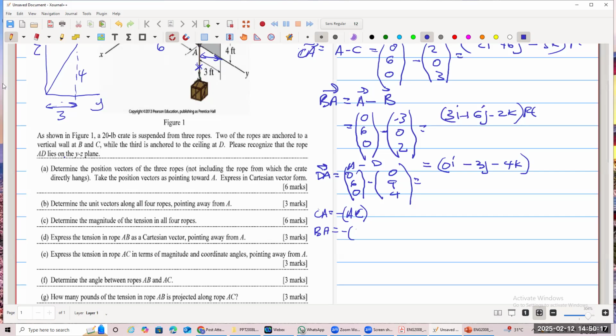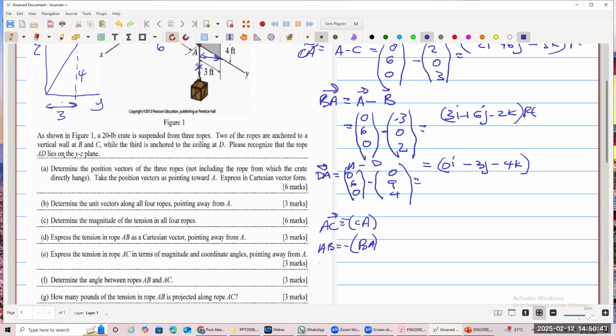Sorry, I think I wrote that wrong. Let me rewrite it. So you want AC. AC is minus times CA. Similarly, you want AB, which is minus of BA.